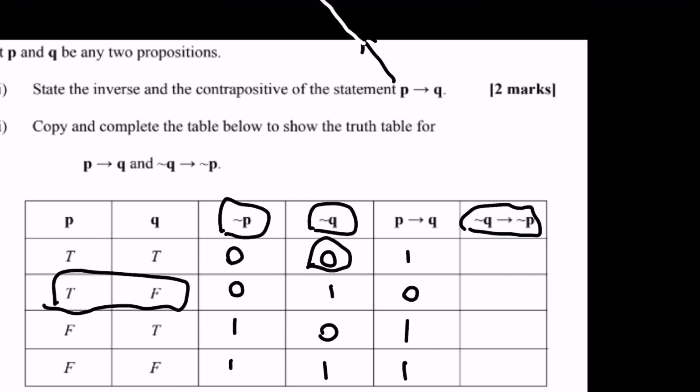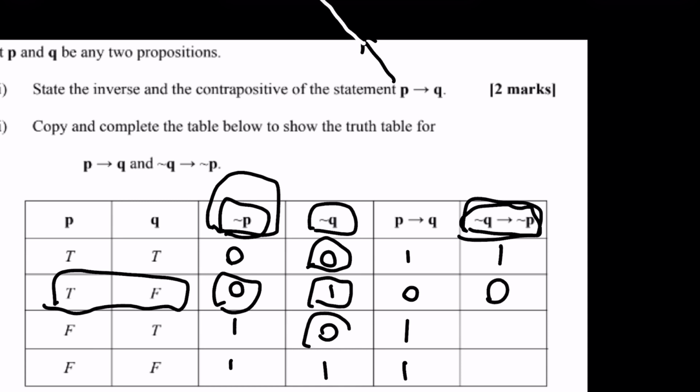That's going to be true. In the second one, however, we have 1 0. Because negation of P is here, you might be inclined to use this one first, but the statement says negation of Q first. So whichever one is first, that's the one you deal with. In this case, 1 0 is going to be false. 0 1 is going to be true. And 1 1 is going to be true.